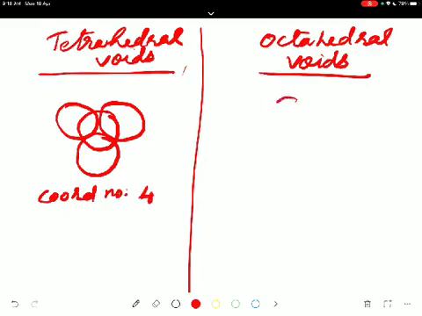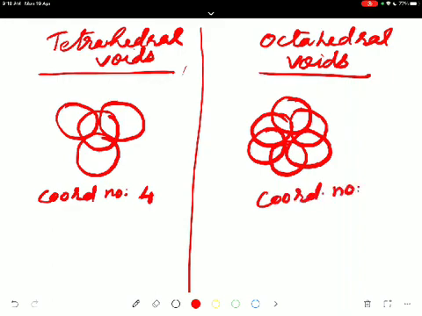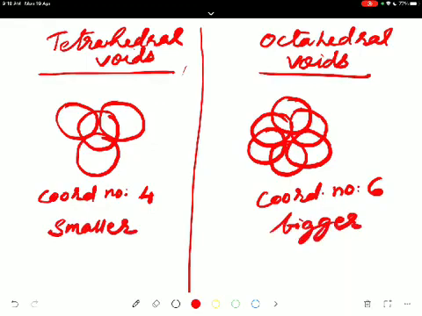But octahedral voids are obtained by six balls. Coordination number 6. Tetrahedral voids are smaller. Octahedral voids are bigger.